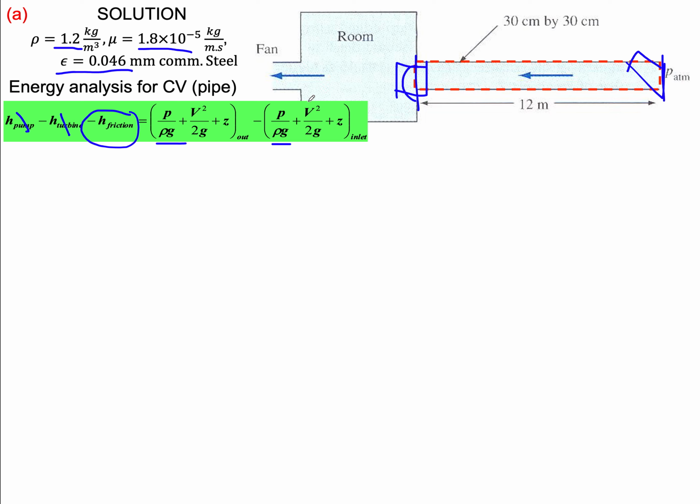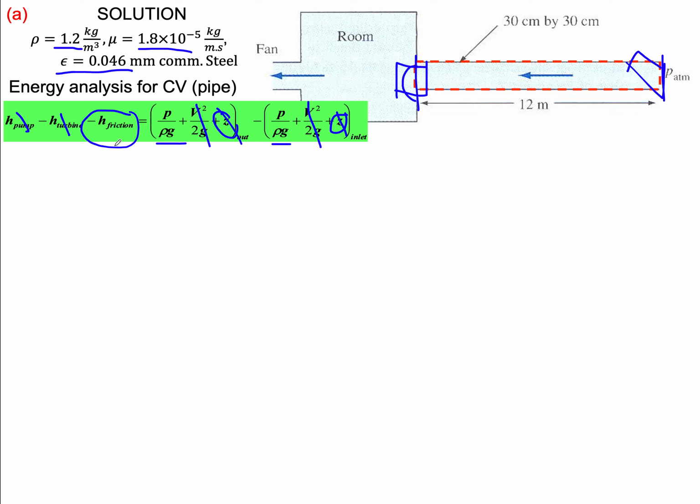We know from mass conservation that the velocity here at the inlet and the outlet are the same, and we don't know what they are, but we know that they're the same. Our goal is to compute them. And the Z's, we're going to make the assumption that the geometry is level, so it's a room, and we don't have a difference in height between the inlet and outlet.